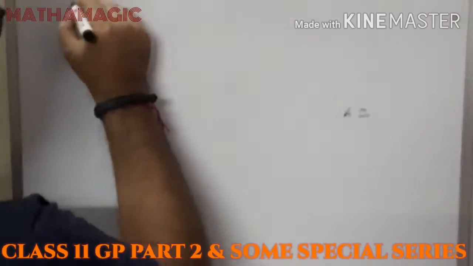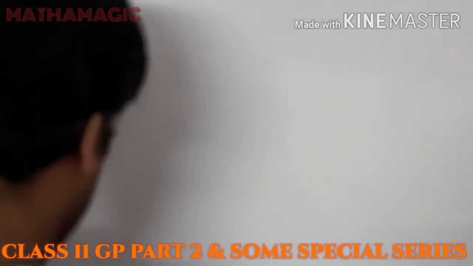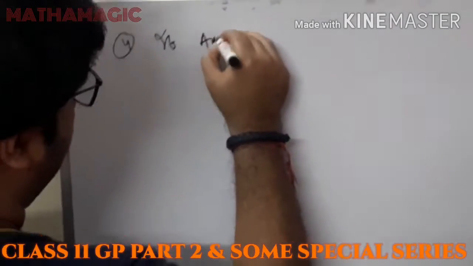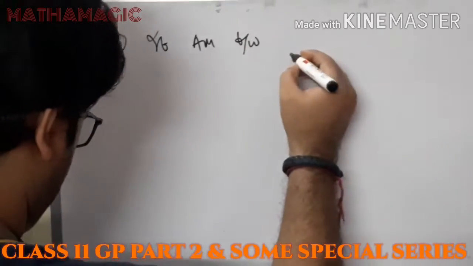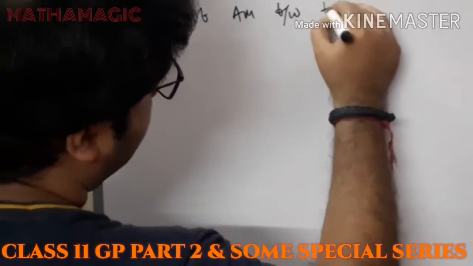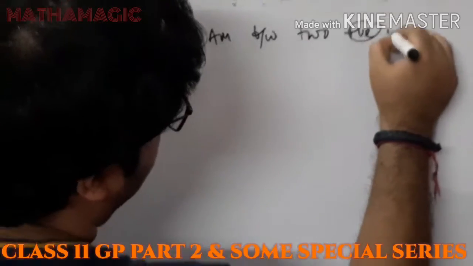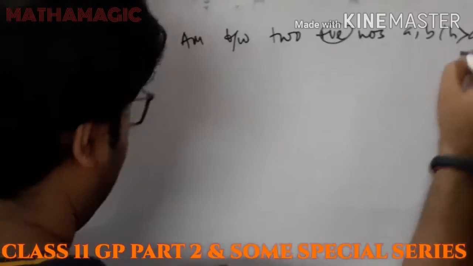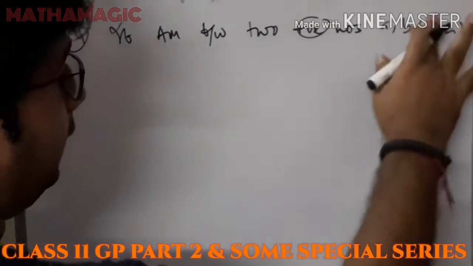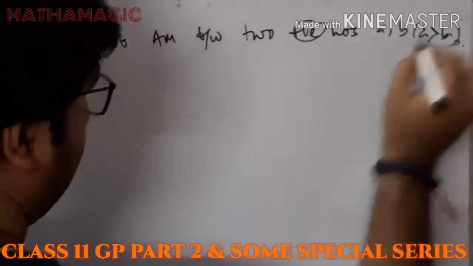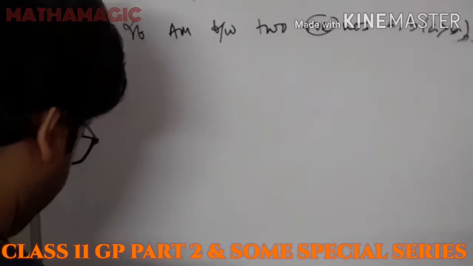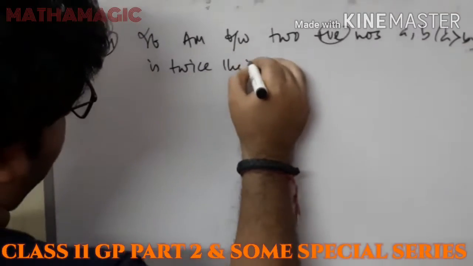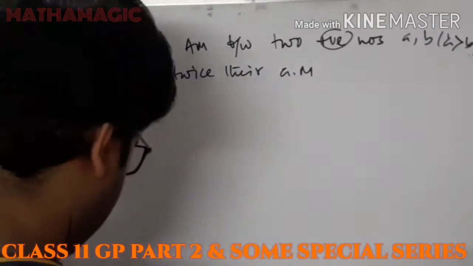So the next problem, problem number 4, states that the AM between two positive numbers A and B, where A is greater than B, is twice their GM.